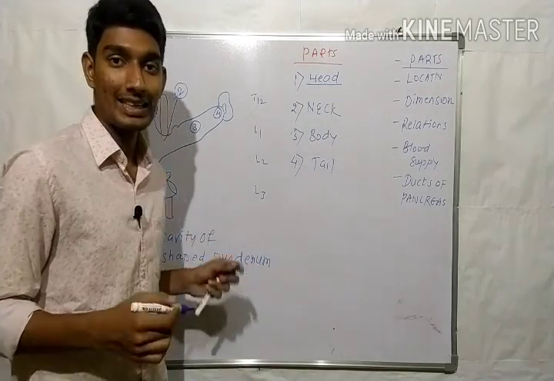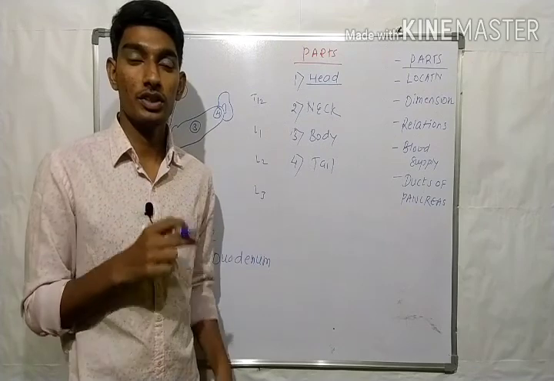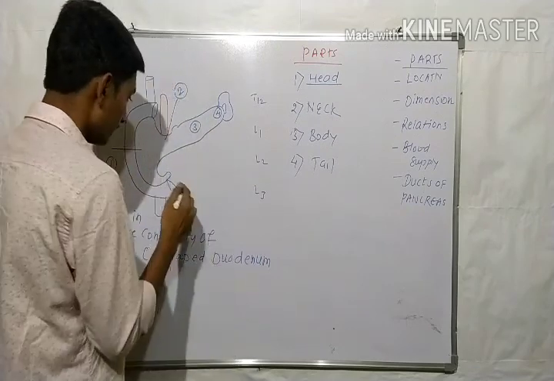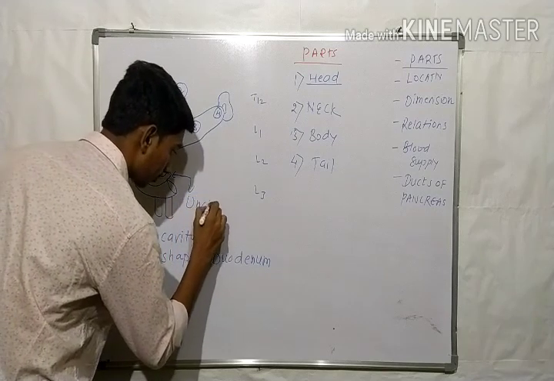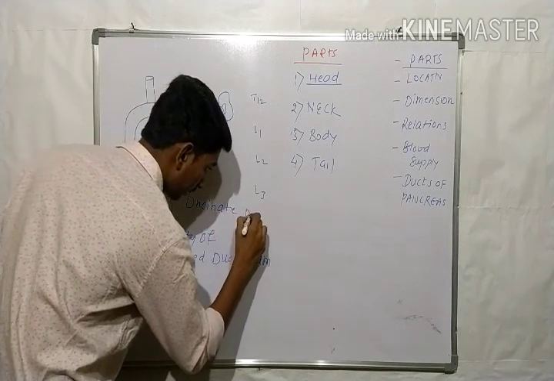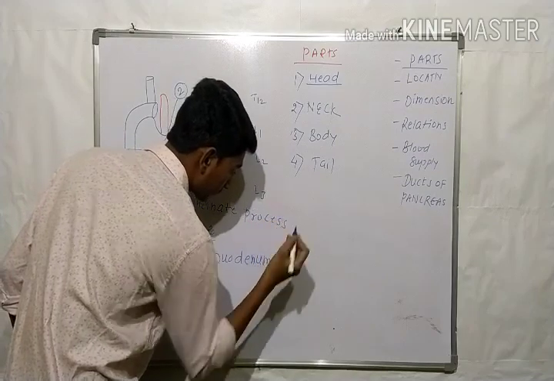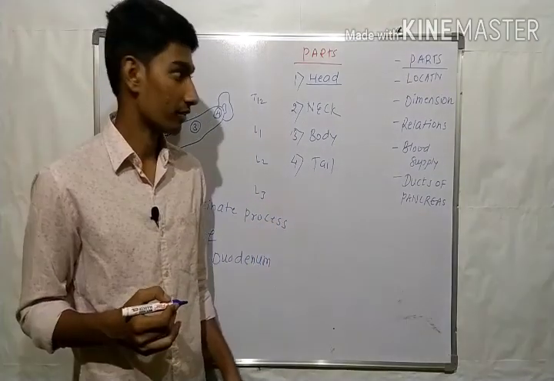Therefore this head lies within the concavity of C-shaped duodenum, and it bears one process, and this process is known as uncinate process.